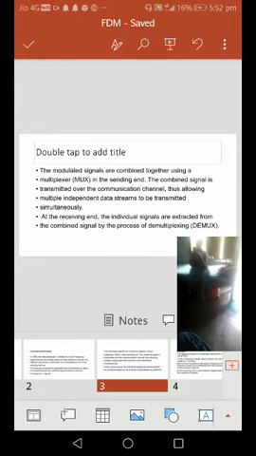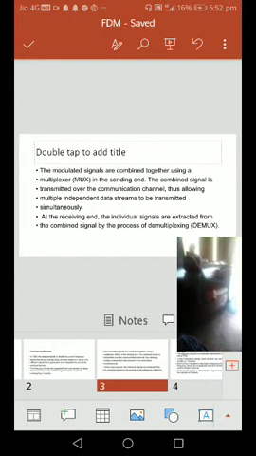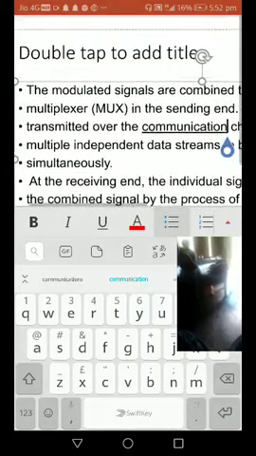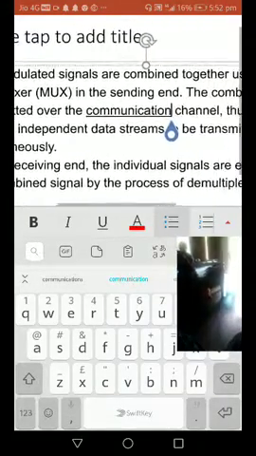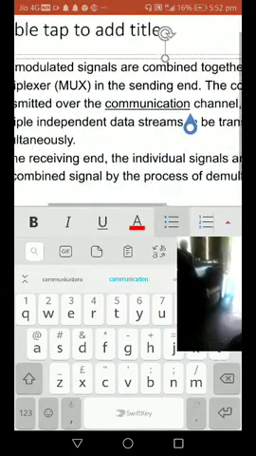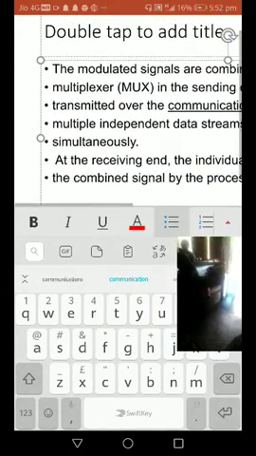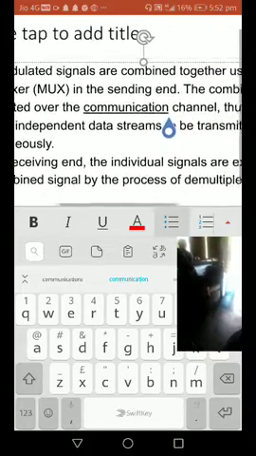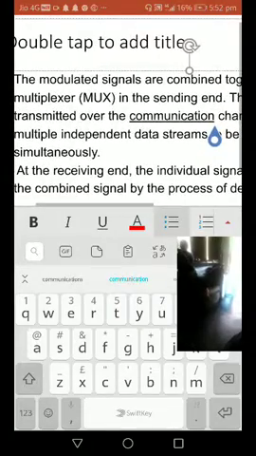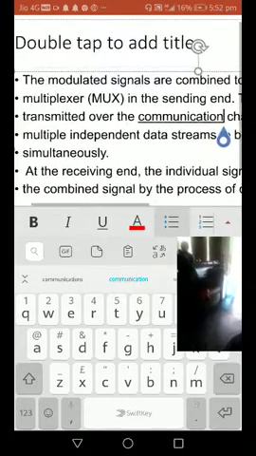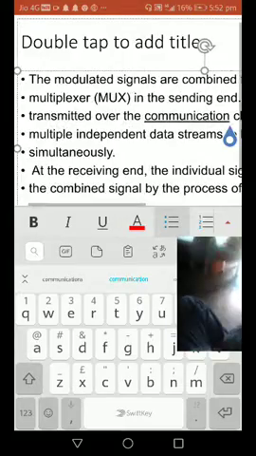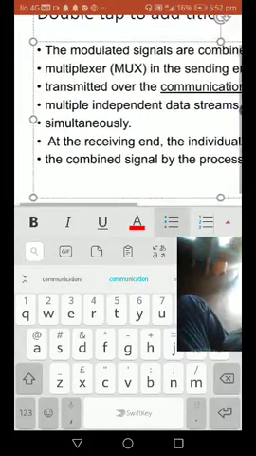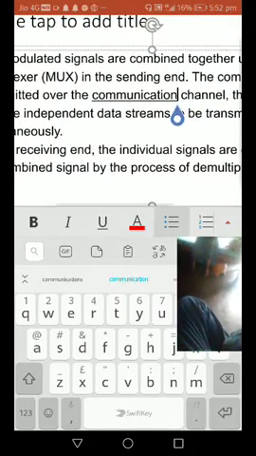Next slide on frequency division multiplexing. Modulated signals are combined together using a multiplexer, or mux, at the sending end. Many signals are multiplexed and transmitted through a single output at the sending end.